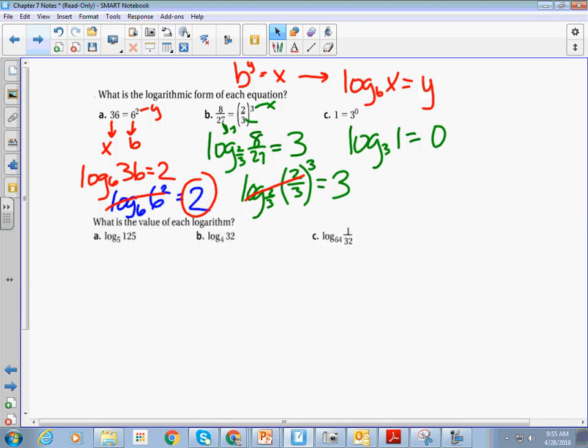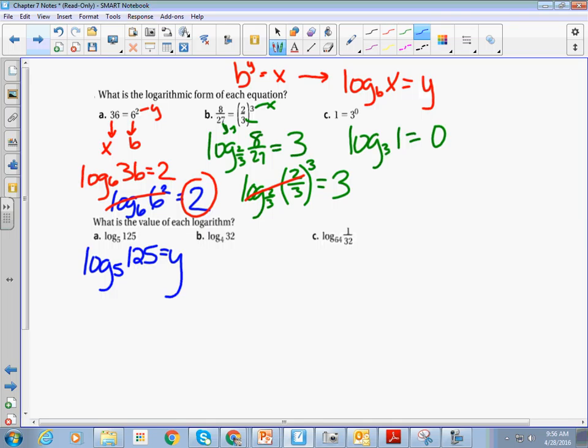Okay, so we now can use logarithmic properties. We can use this setup to find the value of each logarithm. So if I was going to say log base 5 of 125 equals what? Let's shuffle it around.